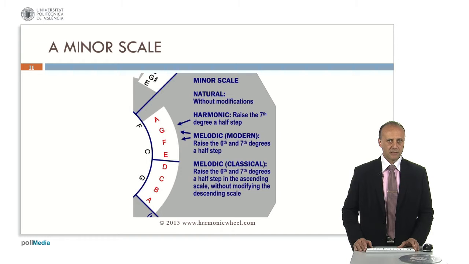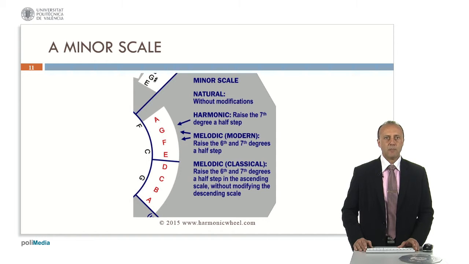The harmonic minor scale is obtained by raising the 7th degree a half step. In the case of the melodic minor scale, we have two possible versions. In both of them, we raise the 6th and 7th degrees a half step, but this is necessary only in the ascending scale, but not in the descending one.